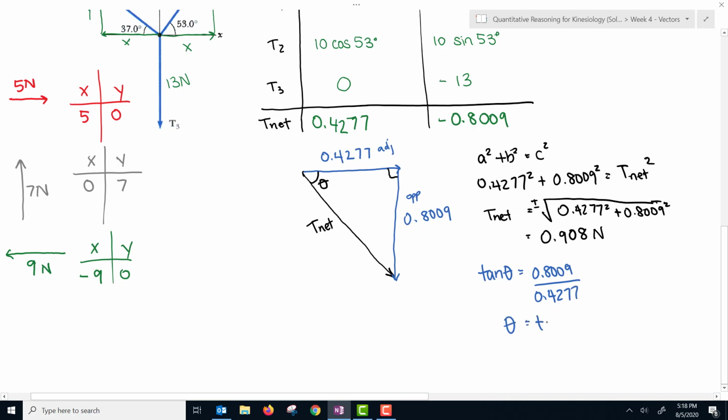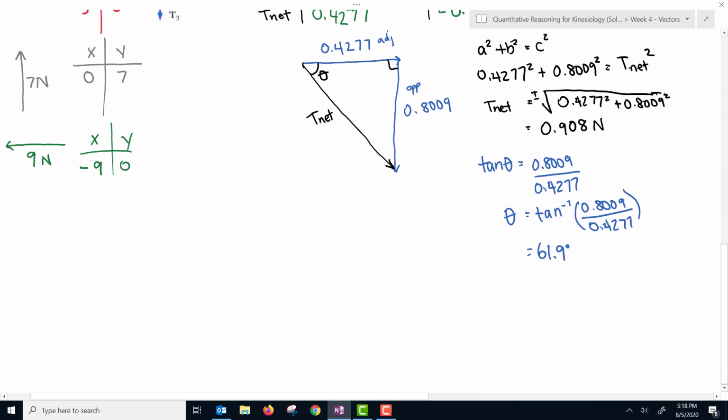Solve for theta using the tan inverse. Now I'm going to type this into my calculator. So I have tan inverse of 0.8009 divided by 0.4277, and I get 61.9 degrees.